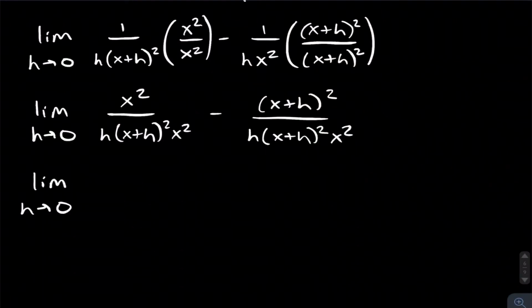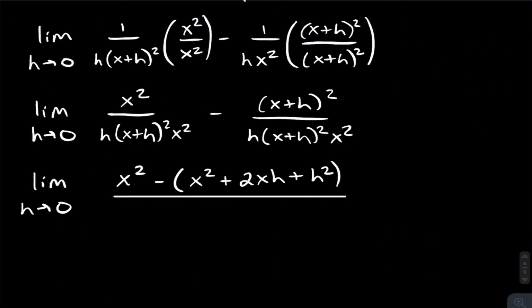And when we do, we can also expand this while we're at it. We get an x squared, right? That's the first piece here. Then we're going to do minus this entire second piece, which is an x squared. When you expand that, we get plus 2xh plus h squared. That's going to be all over h times x plus h squared times x squared.